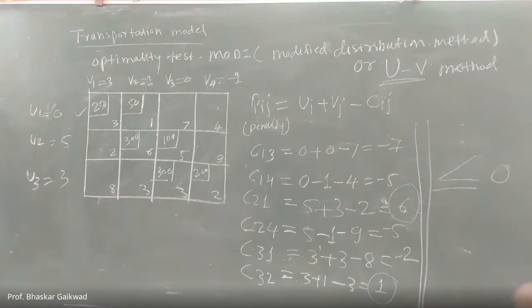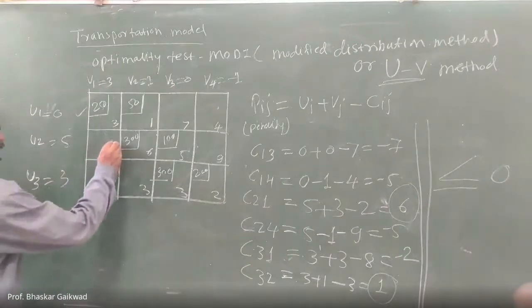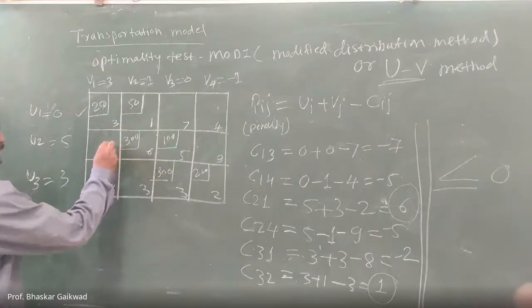Now, what is the Cij related to the 6? Second row and first column. Second row and first column you have to select. Maximum value you have to select. So what you have to do here? Here you have to do like this way. This is the point for this one.